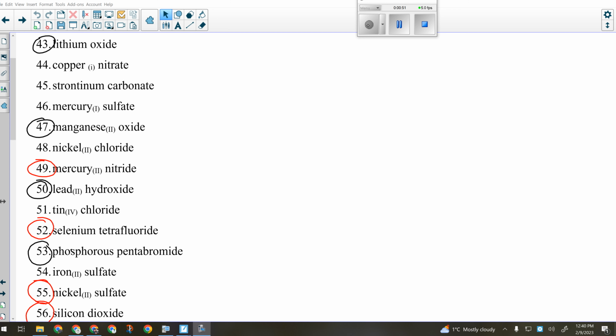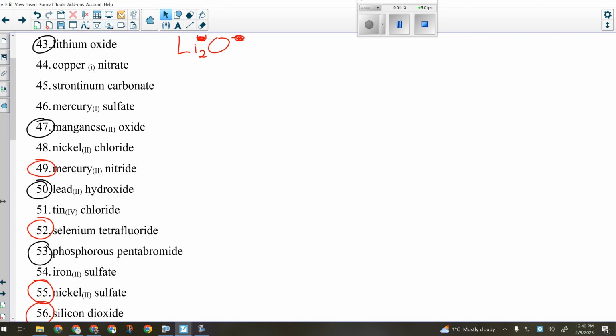So for our first one, is that ionic or molecular? It's ionic. We got a metal and a non-metal. So I write the formula for the metal and its charge plus 1, the formula for the non-metal, its charge minus 2, and then I drop and swap them. 2, 1. And that's all there is to that.